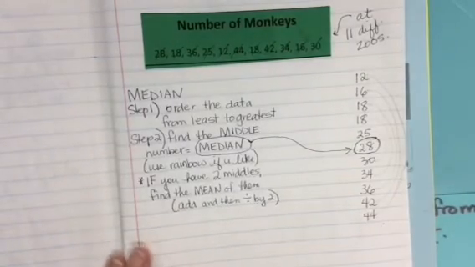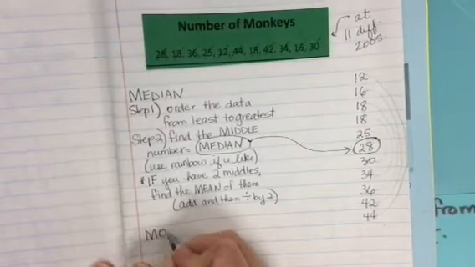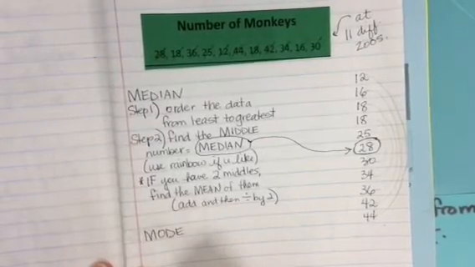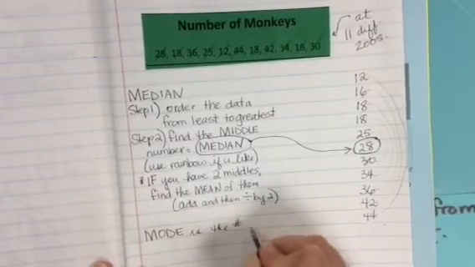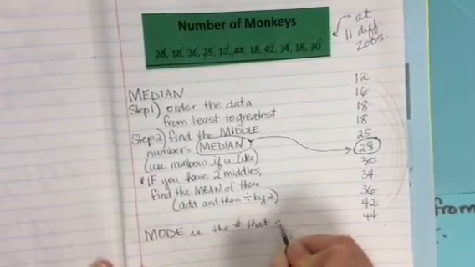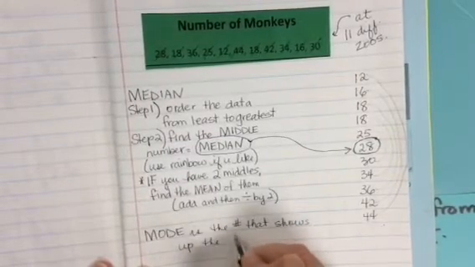All right, now let's talk about the mode. The mode is the number that shows up the most.